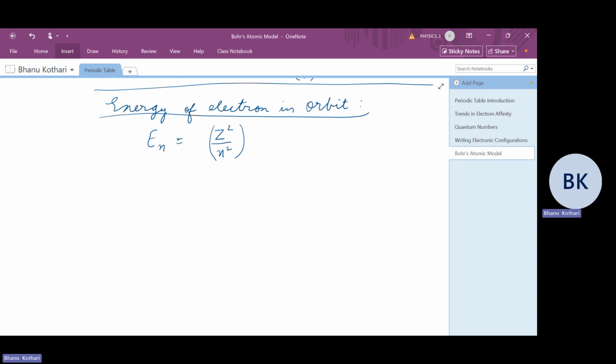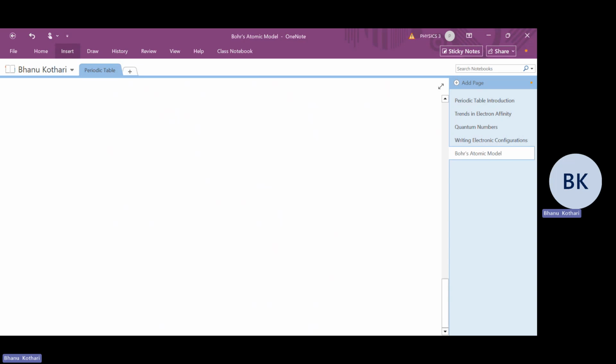So it will be equal to minus 13.6 Z square by n square electron volt per atom. So Z is the atomic number, n is the orbit number, and 13.6 electron volts is the energy of the first orbit of hydrogen. Okay. So these energy levels also we must remember. For some of the orbits we may be asked to calculate the energy. Okay.